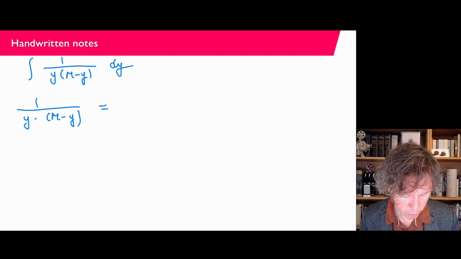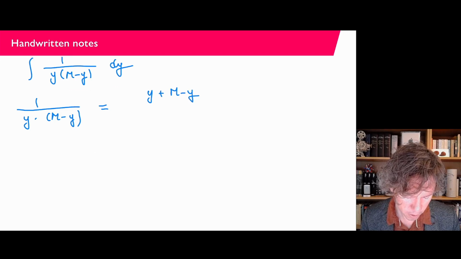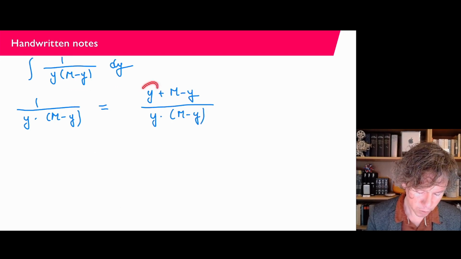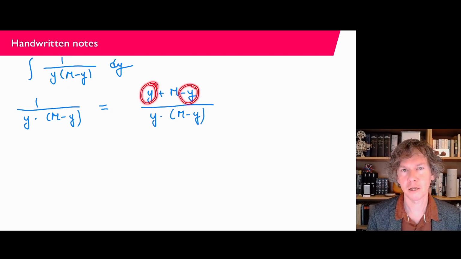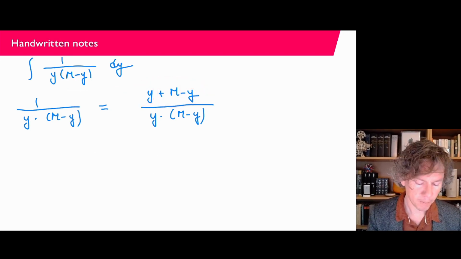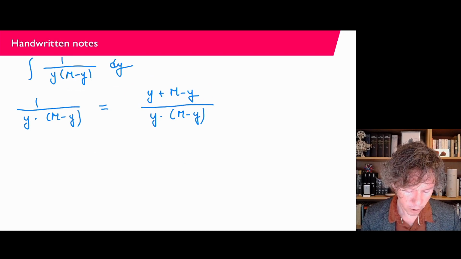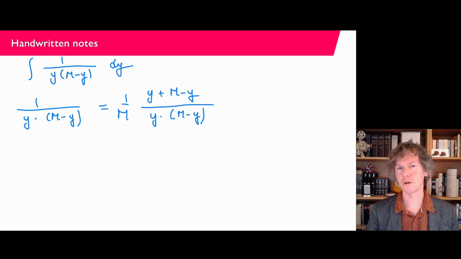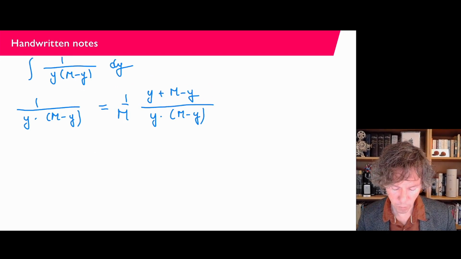And what I'm going to do is I'm going to write the numerator as y plus m minus y. Now, if you look at the numerator, I wrote y and minus y, so they cancel there. So really what it says here is capital M, which is a constant. There was a 1 there, so I write 1 over m times what I have here. So this is a trick, and if you've seen that once, hopefully you can remember how to do that.